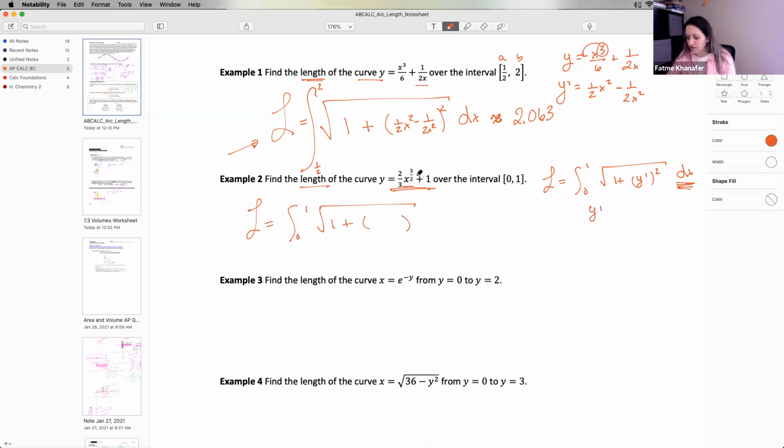In this case, when the 3/2 comes down, that cancels out the 2/3, subtract 1, so you end up with x to the half, and then plus the derivative of 1 is 0. So it's just going to be x to the half squared dx. Plug that into the calculator, and you get 1.219.